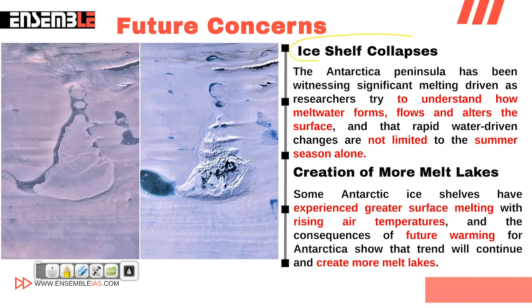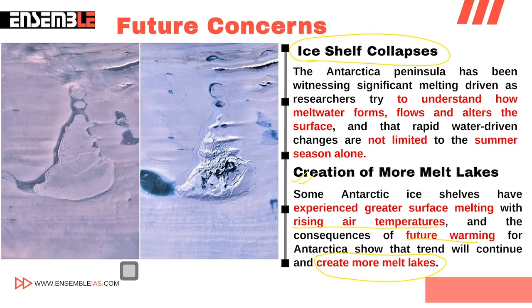Ice shelf collapse is another future concern, and the scientists believe that these incidents are going to be more and more frequent in future due to the rise in air temperature and future global warming, and this can create more lakes in those areas, and this in turn can create sea level rise in future, but not immediately.